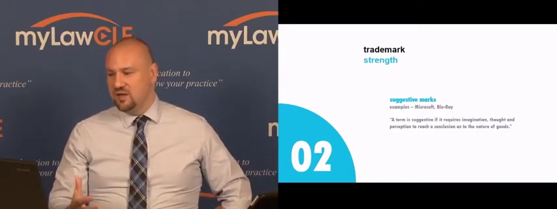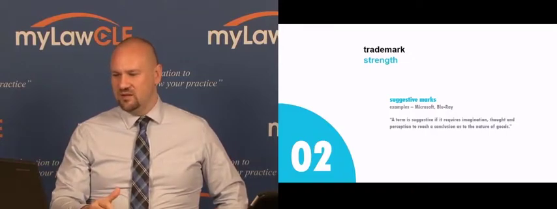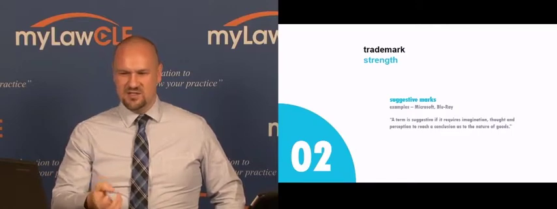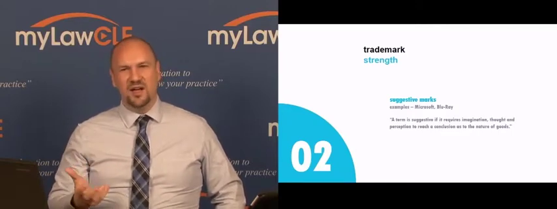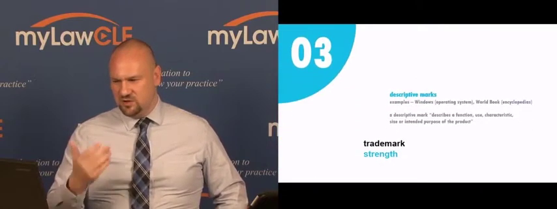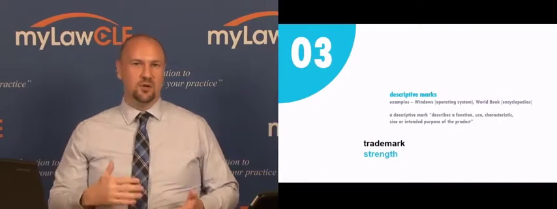So these are also strong. These are trademarkable. You can go and register these, no problem. They call them inherently distinctive. So by themselves, because they're just suggestive of the product, they are inherently distinctive, as opposed to descriptive marks, which are not inherently distinctive and which require a little bit more in order to be registered.